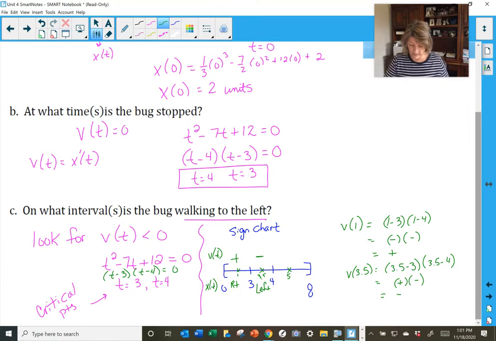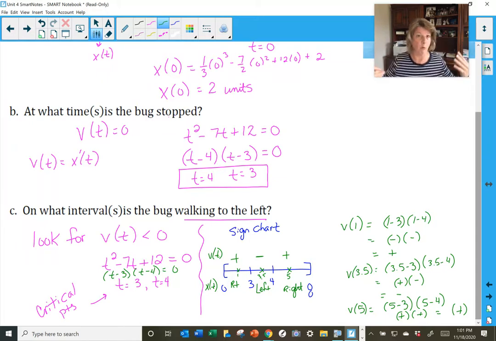And between 4 and 8, let's use 5. V of 5 equals 5 minus 3, 5 minus 4. Positive result there, and a positive in the other parenthesis yields a positive. So this comes out positive, and now I know my particle is moving to the right when it's between time 4 and time 8 seconds, minutes, hours, who knows?